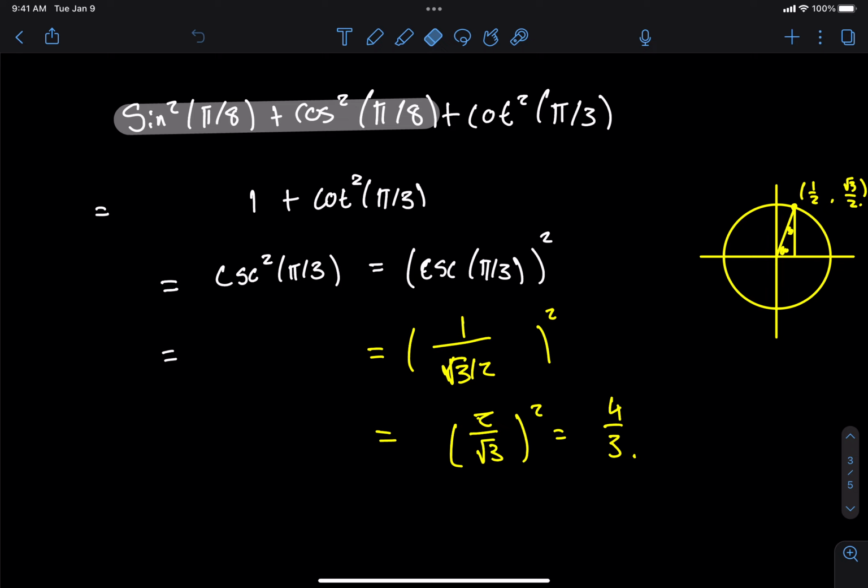Quadratic means something like x squared plus 2x plus 1 equals 0. Solving using factoring, solving using grouping, solving using quadratic formula, vertex form, completing the square, stuff like that.